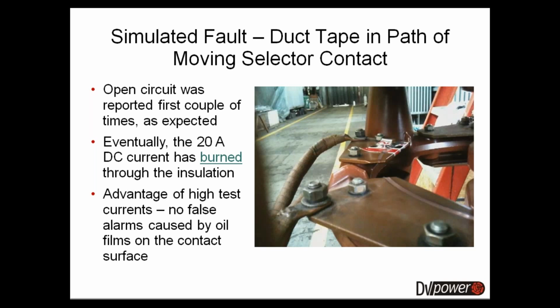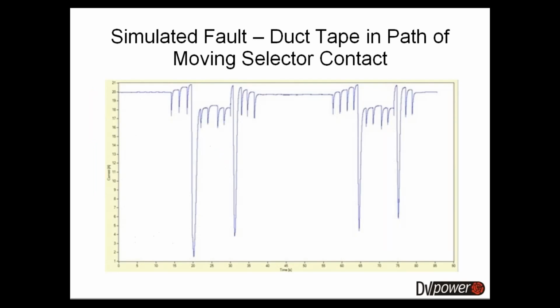So you can see how the graph looks like and how a problem is clearly visible. You have normal ripple on 1 position, 2, 3 positions, and then when it encounters the obstruction, you see the current drop almost down to 0. And then the second time the obstruction is encountered, you can see that the resistance is a little bit less, so that the current now drops to 4 amps instead of 1 amp as in the previous case.